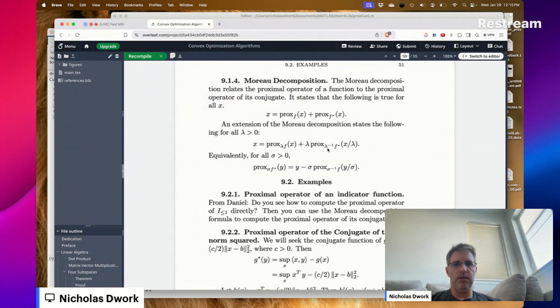If lambda is equal to sigma inverse, and this is sigma, how do we get here? Can we get this from this?